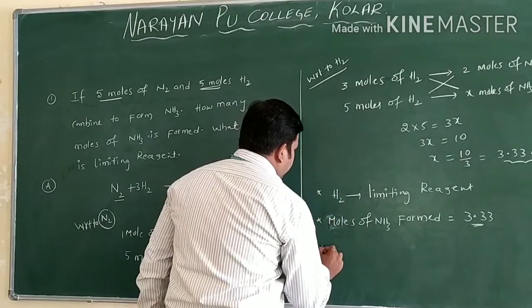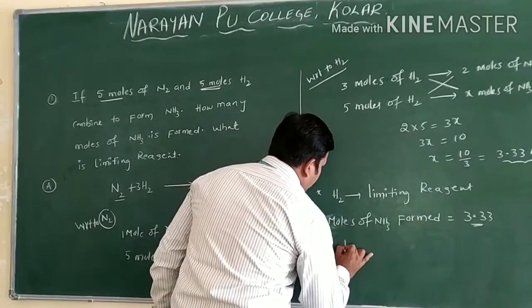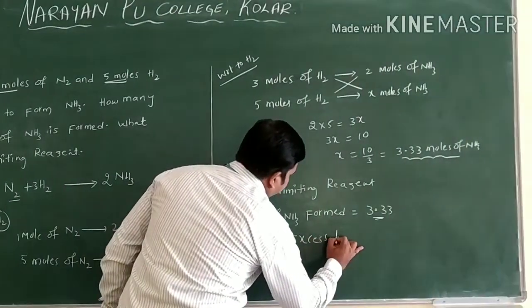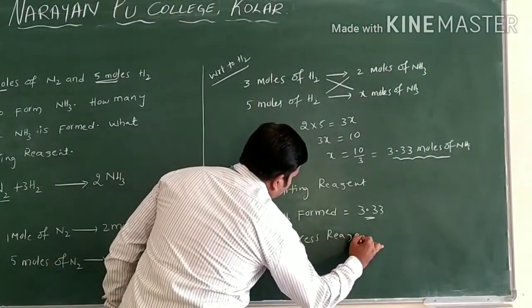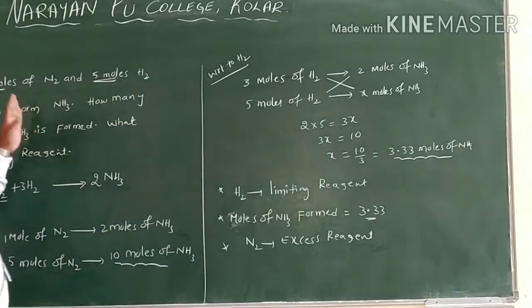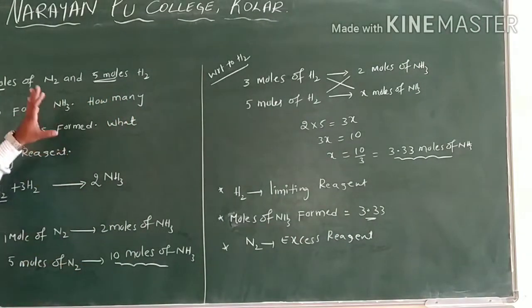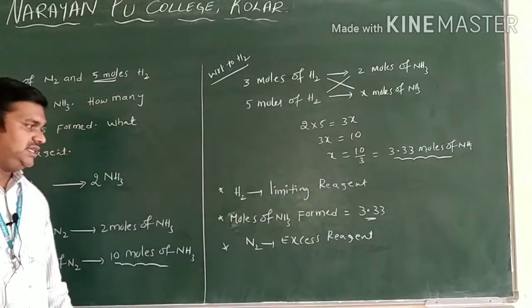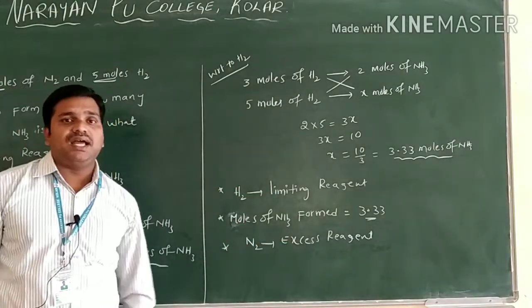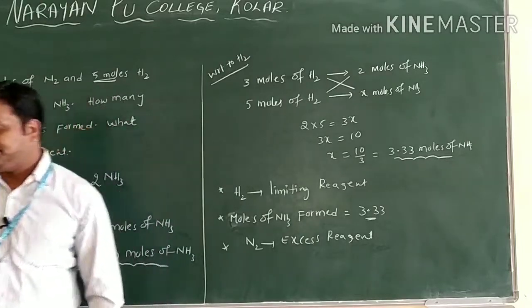And one more thing you can write is the excess reagent: N2 is the excess reagent. So this is the information we got: H2 is the limiting reagent, the number of moles of NH3 formed is 3.33, and N2 is the excess reagent.